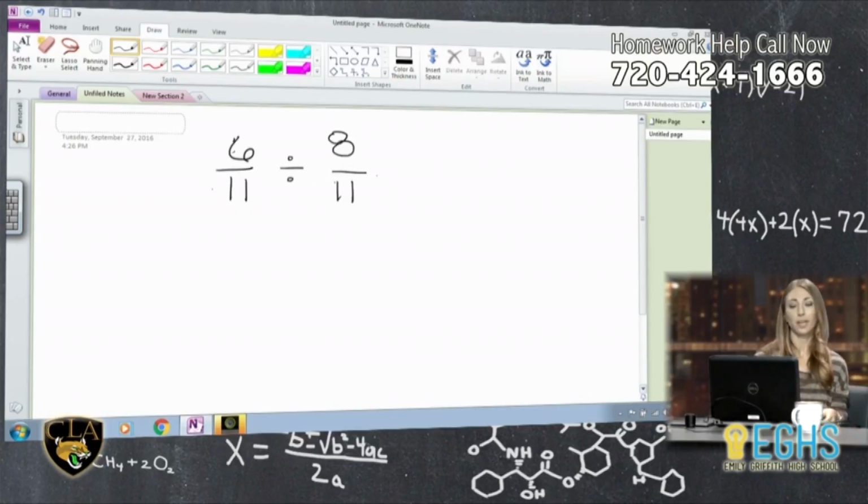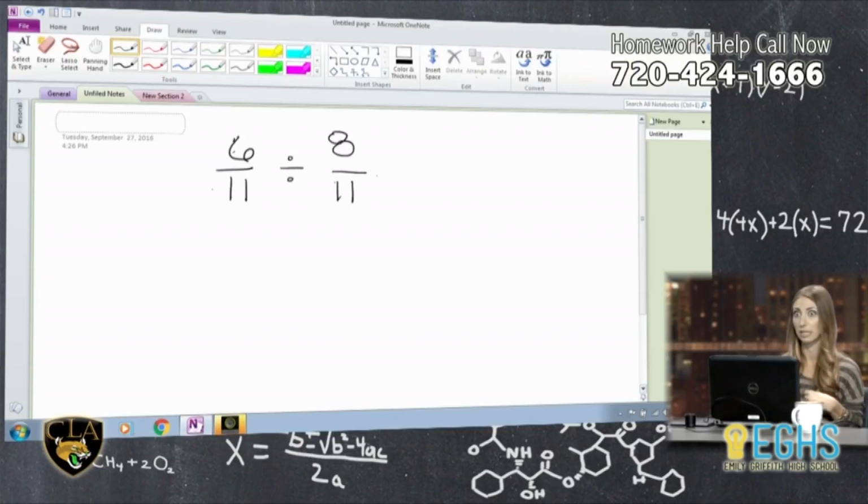Okay, all right. Well, first off, I'll explain what it means when we divide fractions. Sometimes fractions are so abstract that we end up not really understanding what we're doing, and that's where we get confused.